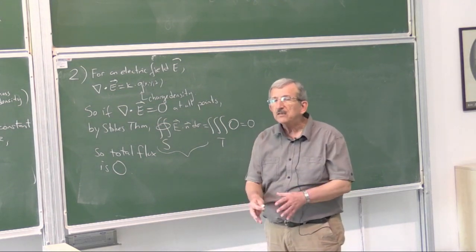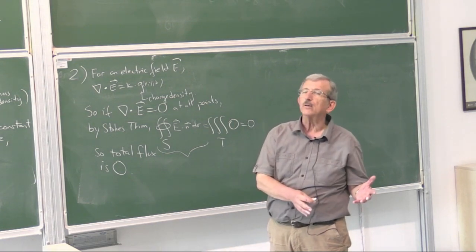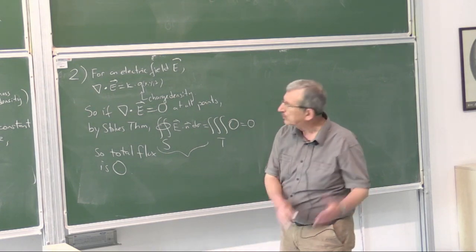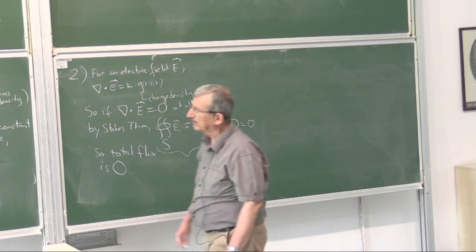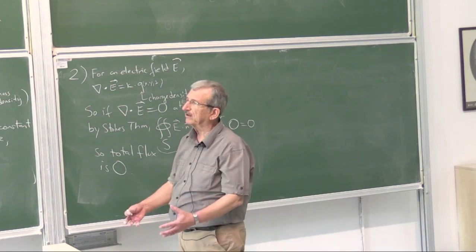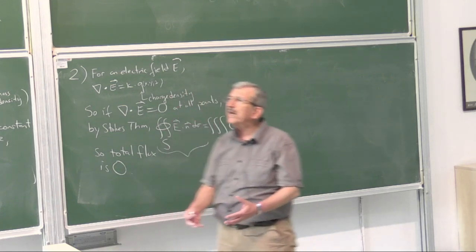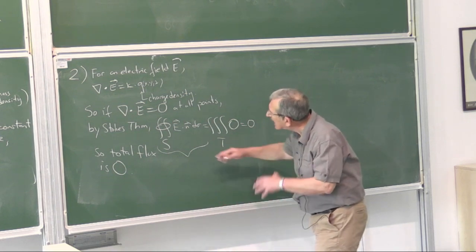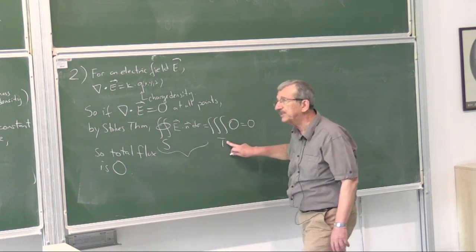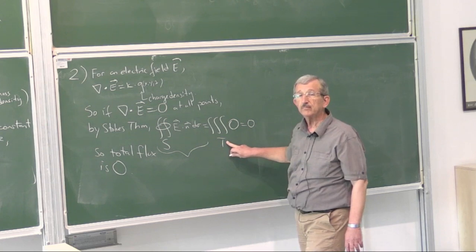So what comes in and what goes out are not equal. In other words, the total effect of this field to any point, for instance inside the surface S, that's T, is zero.